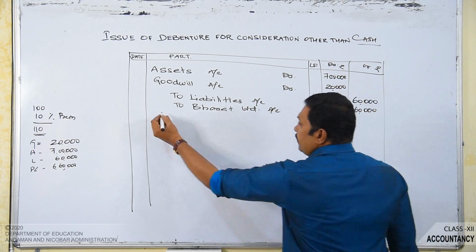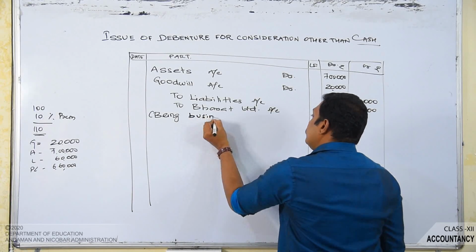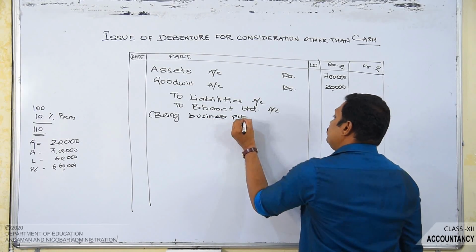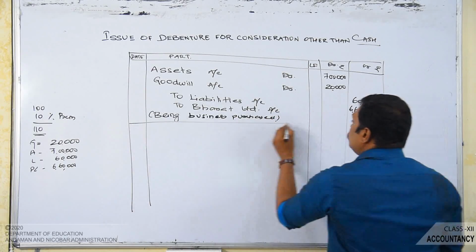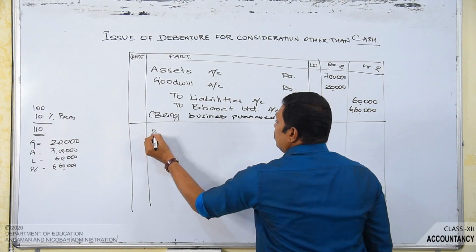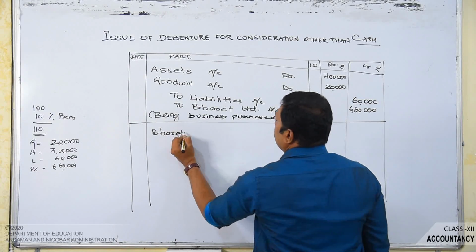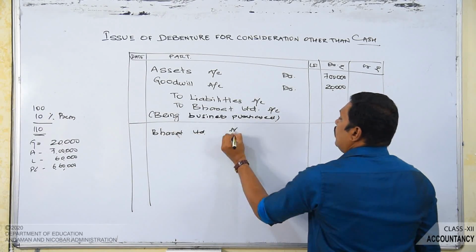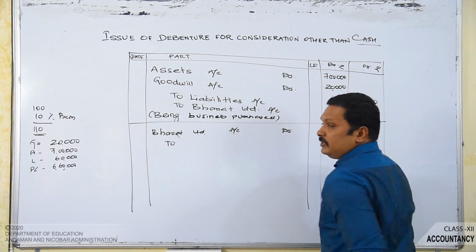Being business purchased. After that, we have to issue debentures. So the entry will be Bharat Limited account debit to debentures.